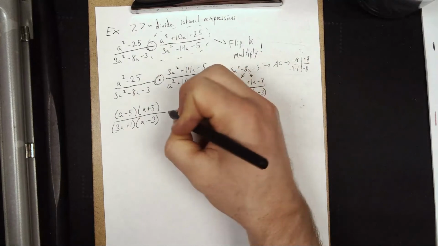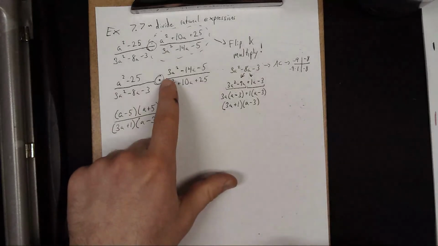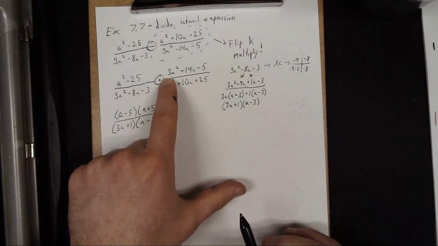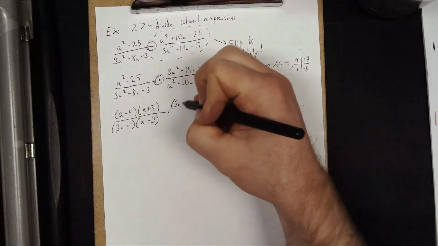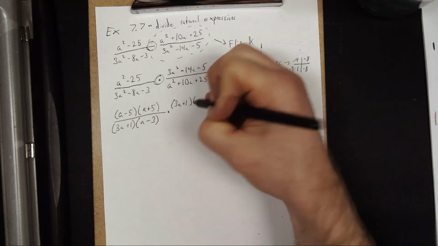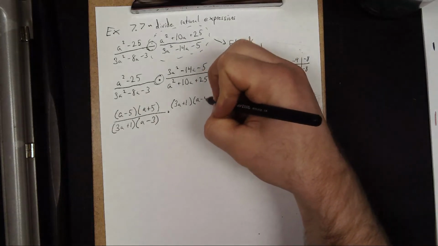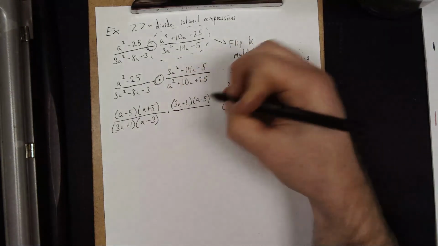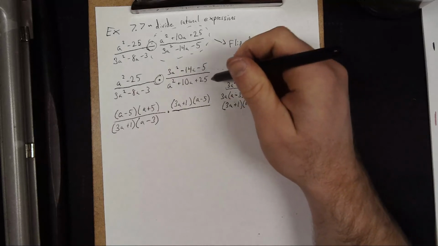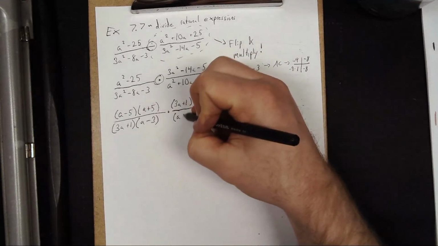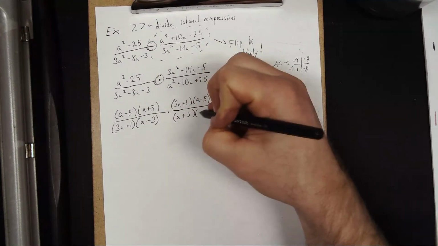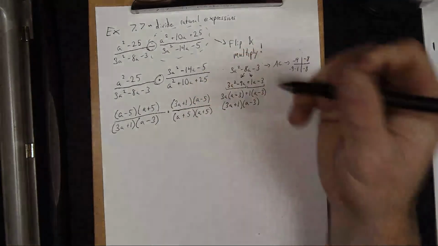And we are multiplying by, now I'm going to skip this one. I'm just going to look to my notes. This is going to actually factor to 3a plus 1 and a minus 5. All right, and here you can see we need two things that multiply to be 25, add to be 10. It's 5 and 5, so this is a plus 5 and a plus 5.